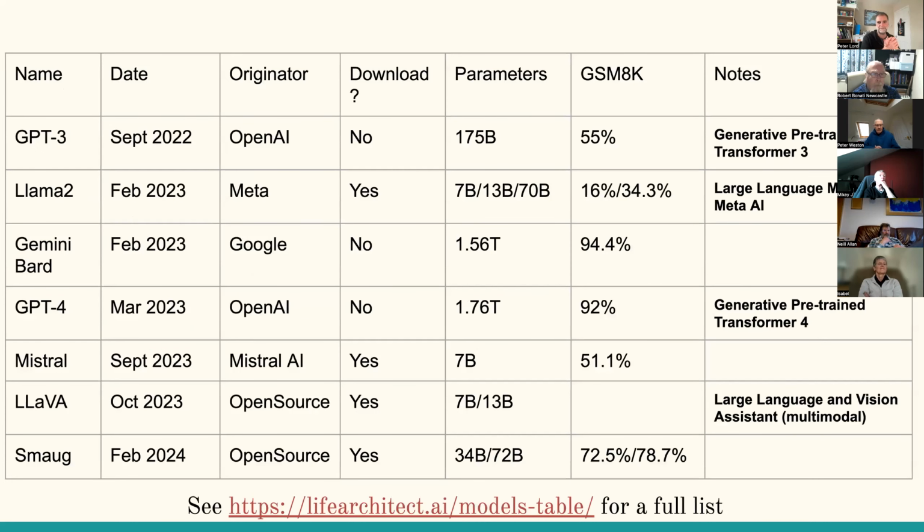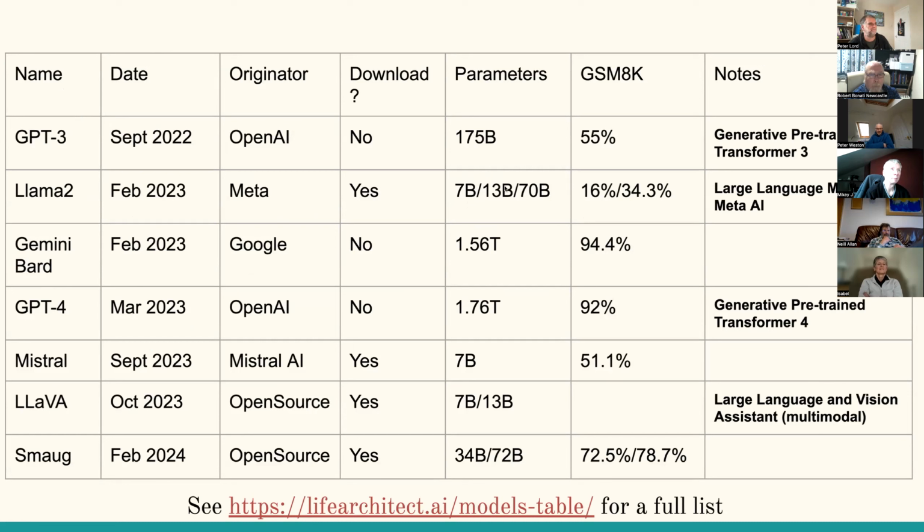And here's a nice selection. Okay, I know we've vastly overrun, but I'm going to keep going because I can. Here's just a random selection of models: who produced them and the number of parameters. So 7 billion parameters is the sort of size of large language model you can run on your desktop.